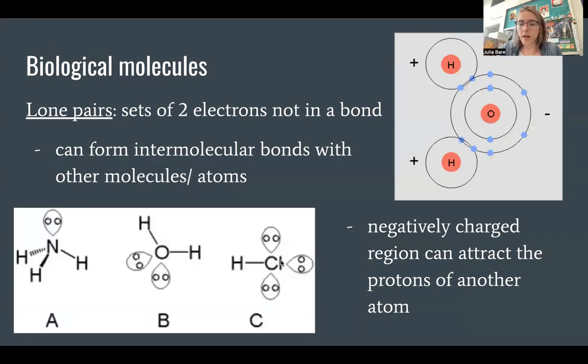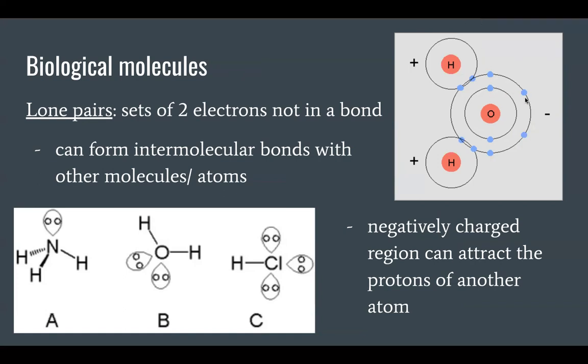Now, this unequal charge is often the result of lone pairs. Lone pairs are sets of two electrons that are not in a bond. So if we notice in water, there are two lone pairs up here, and this is going to cause that negative charge.